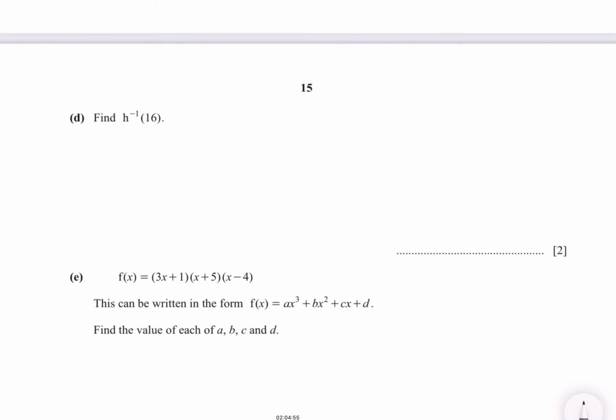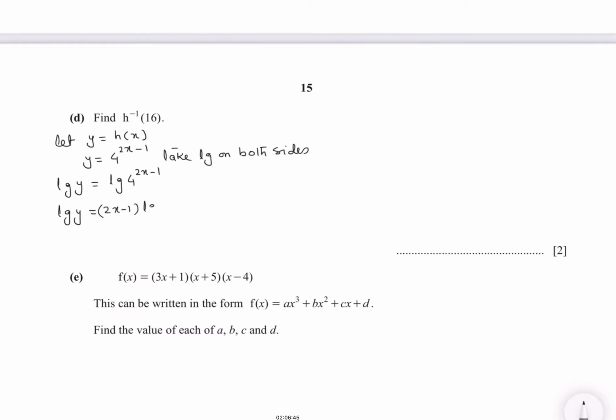Find h inverse of 16. So first find out h inverse. So y is equal to h of x, y is equal to 4 to the power 2x minus 1. So take log on both sides. The shortcut of log is Lg. So Lgy is equal to Lg 4 to the power 2x minus 1.